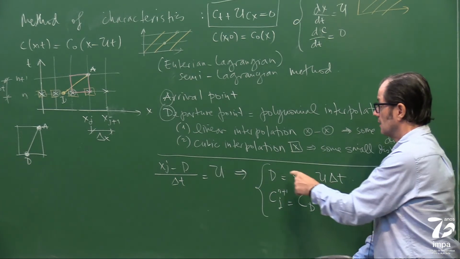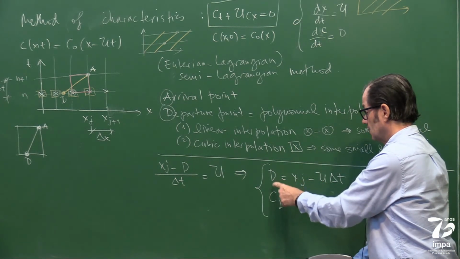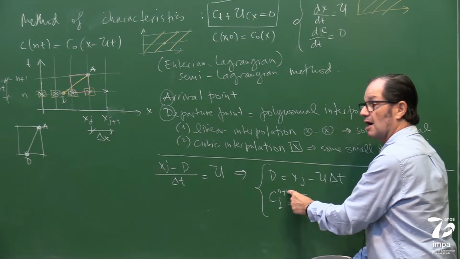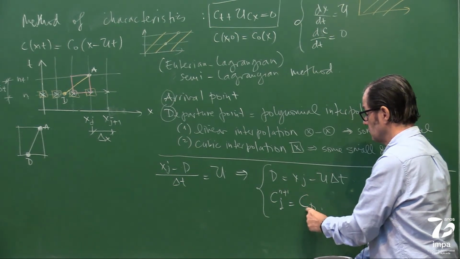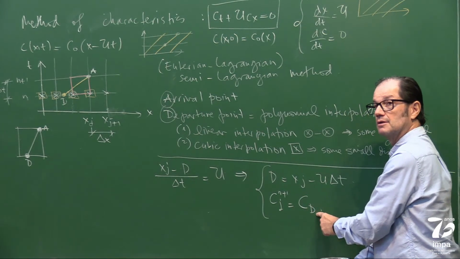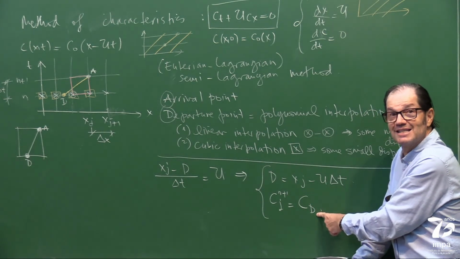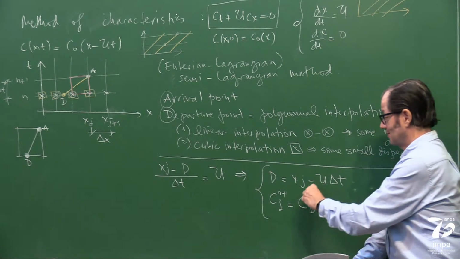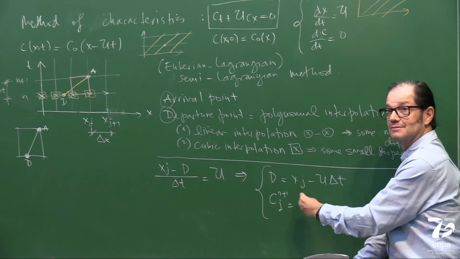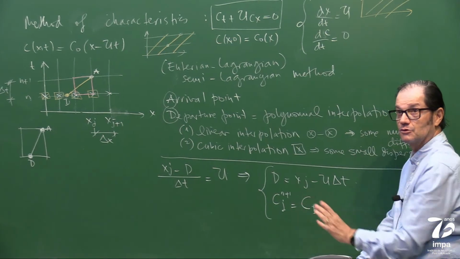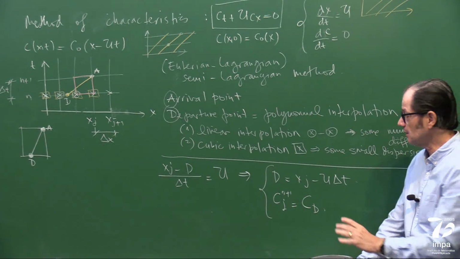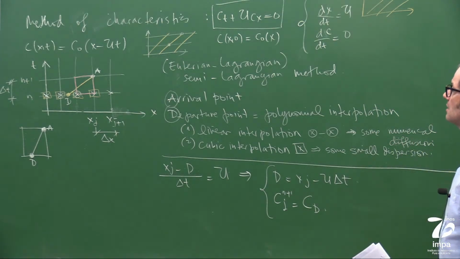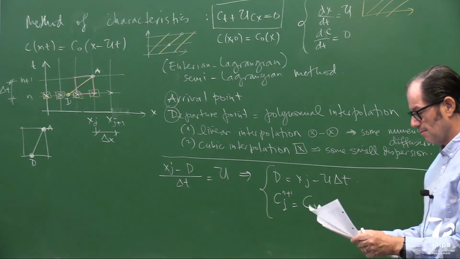Then I found this point, and the node would be updated according to the solution at that point. What is hidden in this notation is what kind of interpolation I'm doing to find this guy, right? Do you agree? So here's a very simple way to say what the numerical method is doing.